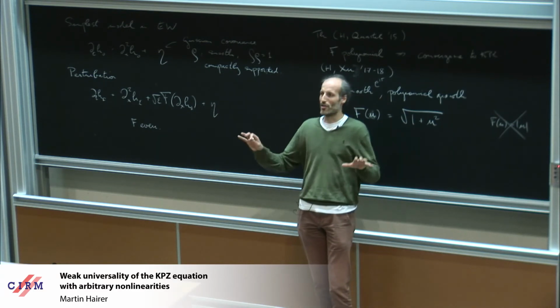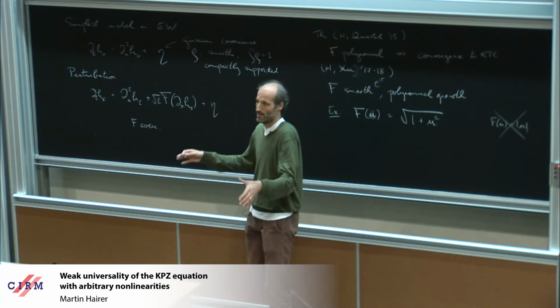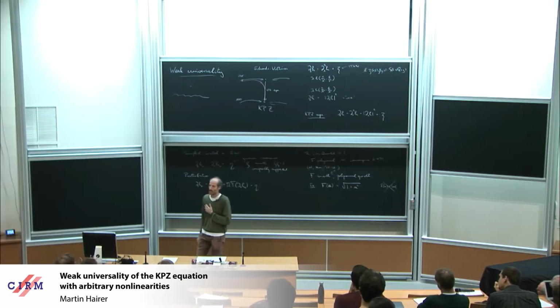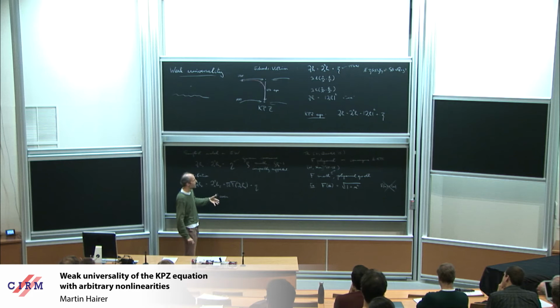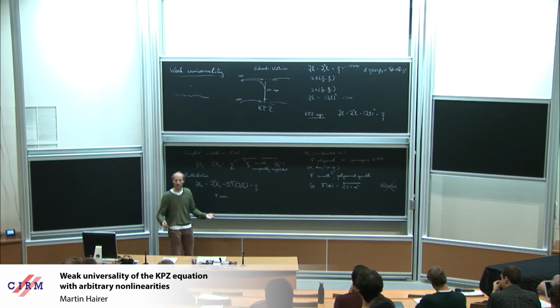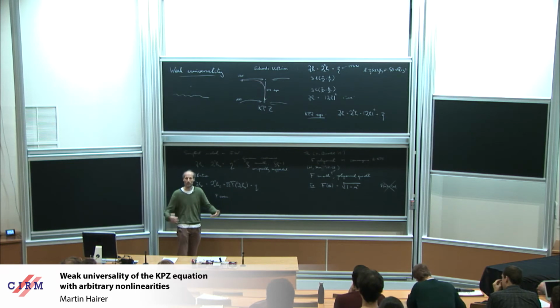But as soon as you change this, you don't know what it is anymore, and then these methods break down. Okay, so this method here is robust under not knowing what the invariant measure is, and therefore not having any a priori control on the solutions on large scales.